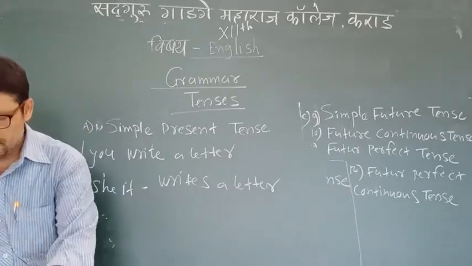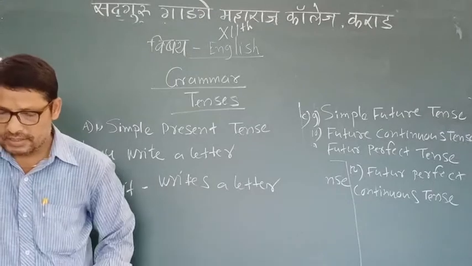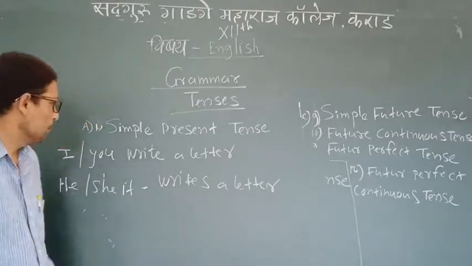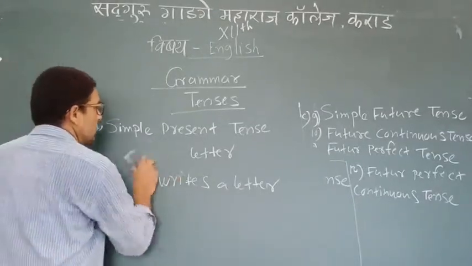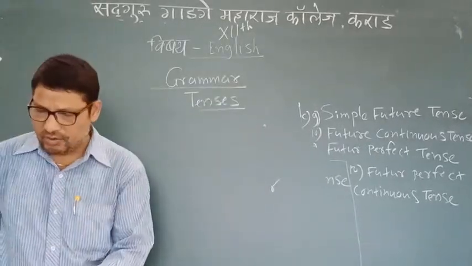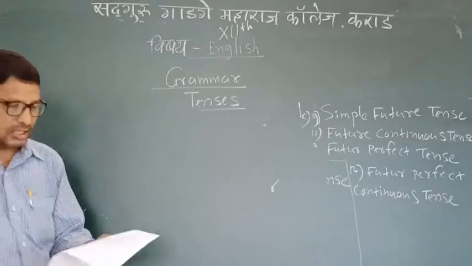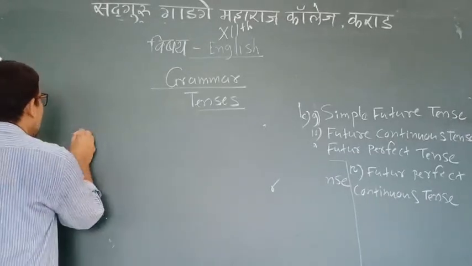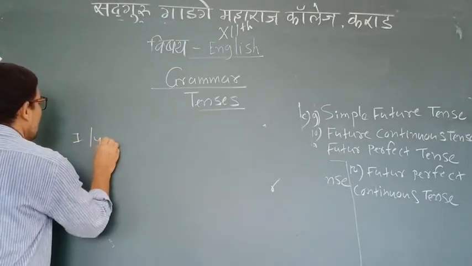Then we can see present continuous tense. How can we write the sentence? You have the subject like I or you.